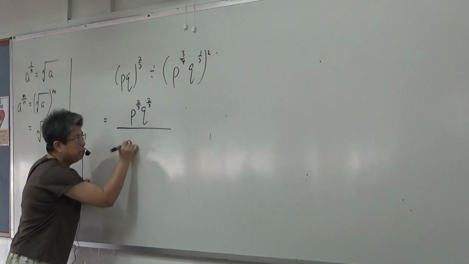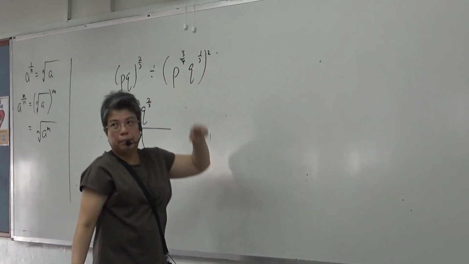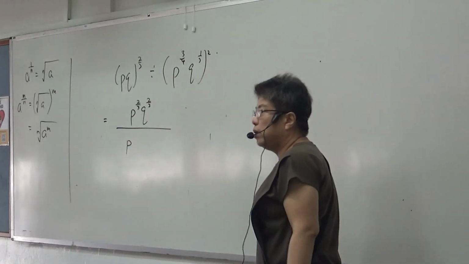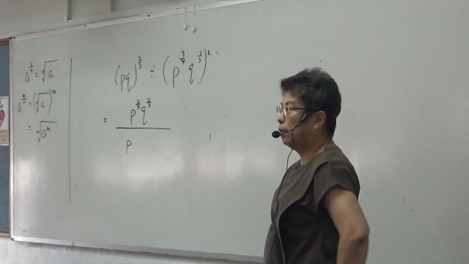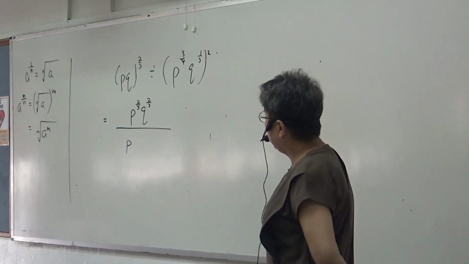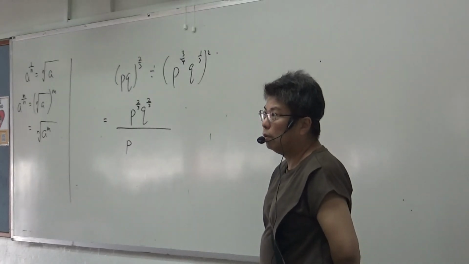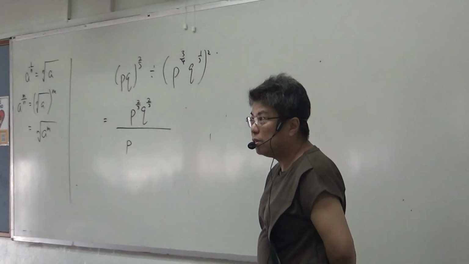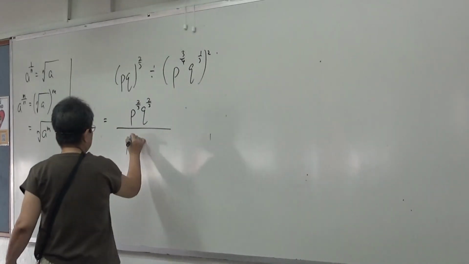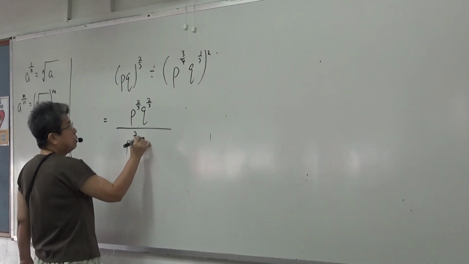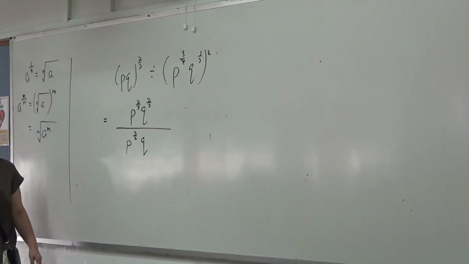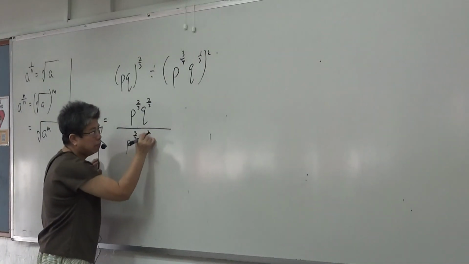Divide by P1. What's 3/4 times 2? 6/4. So what is it? Use a calculator. It will give you 3/2. Is this correct? So this is 3/2. Q1. 2/3.